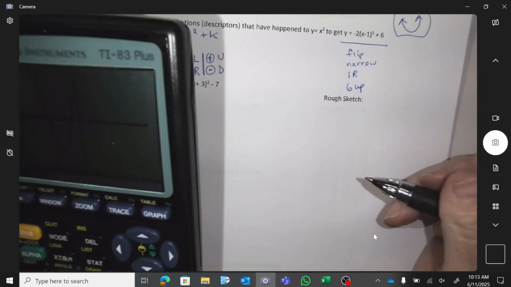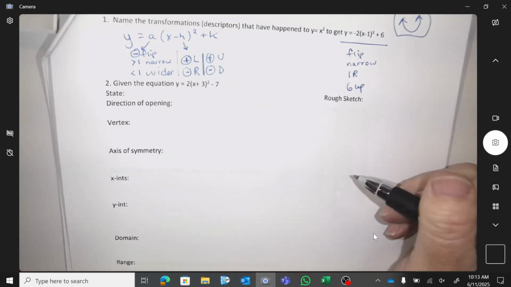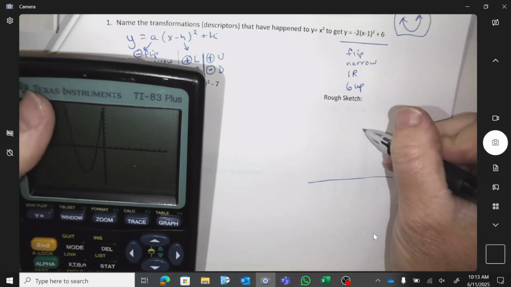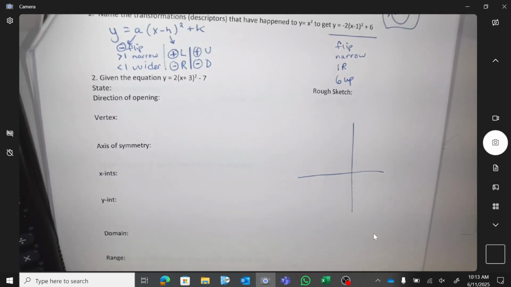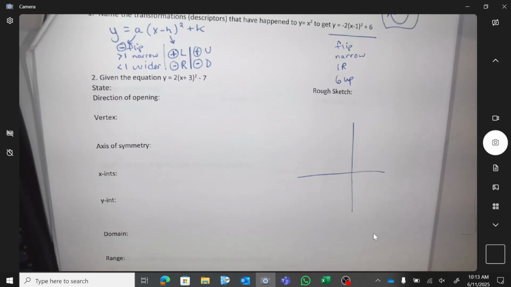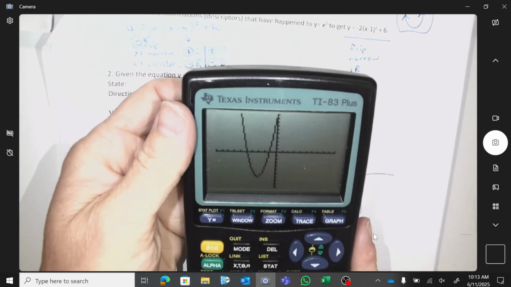Okay, I'm going to start with my rough sketch. So when I draw my rough sketch, I should show you where my critical points are. What's very important? The x-intercepts. Which side do you see them on?